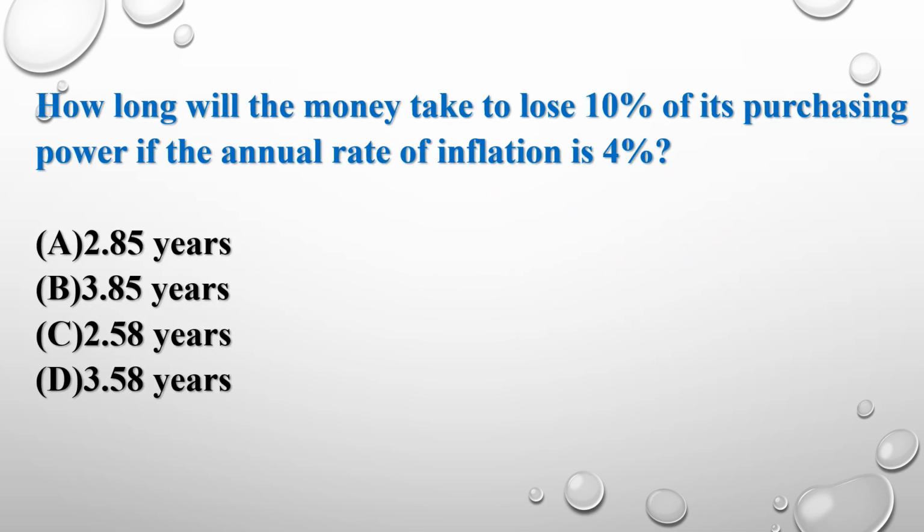Example: how long will the money take to lose 10% of its purchasing power if the annual rate of inflation is 4%? In this example, the money will lose 10% of its purchasing power. This means if the present value of the money today is 1, then it will lose 10% to become 0.9 in the future.